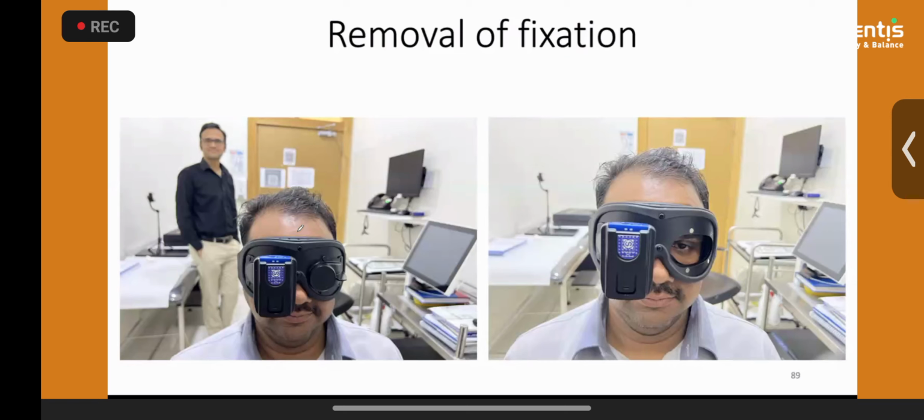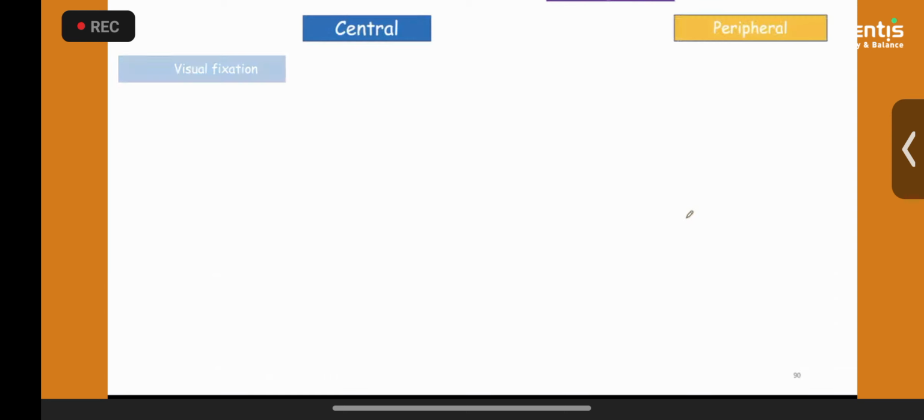So with the help of the video oculography equipment, this is with fixation, and this we are blocking the vision, and this is without fixation.